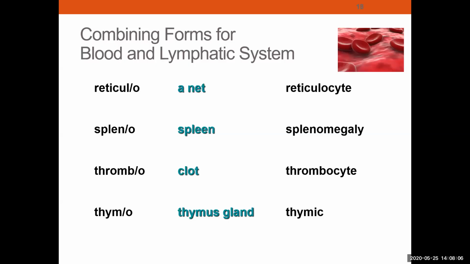Reticulo is a net, reticulocyte, that's a type of blood cell. Spleno, referring to the spleen. Splenomegaly, megaly meaning enlarged, so enlarged spleen. Thrombocyte, thrombo is clot, cyte cell. Thymo, thymus gland, thymic, pertaining to.